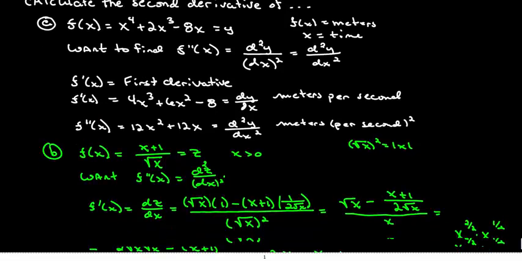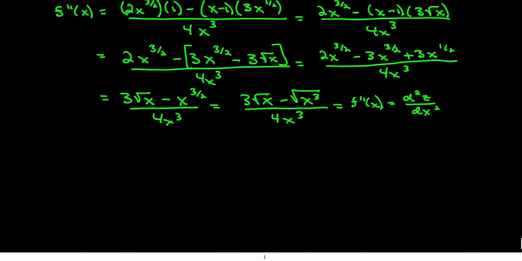So that's A and B. So let's do C. C asks me, let me scroll back up and grab that problem. C asks me, now this is the notation right here, to take the second derivative of the following quantity.